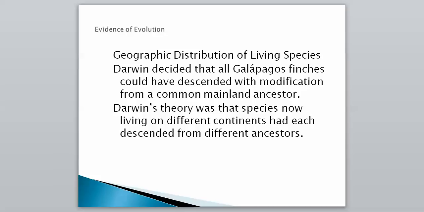That means at one time they were all one group of finch, but then part of that species moved to one island, part moved to another, and from there they all developed different beaks based on the type of food that was available. Darwin's theory was that species now living on different continents had descended from different ancestors. So if you lived in South America compared to living in Asia, most likely you had a different ancestor.